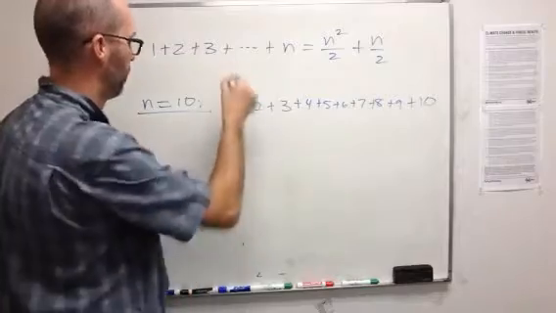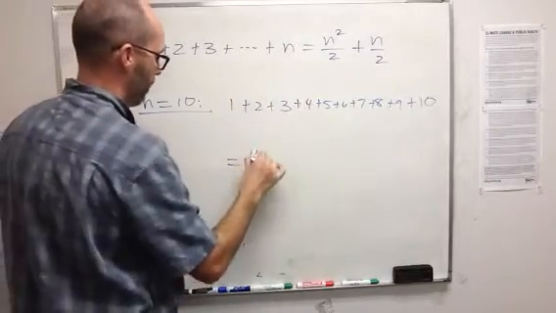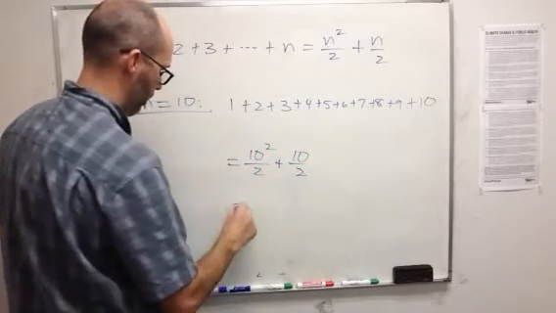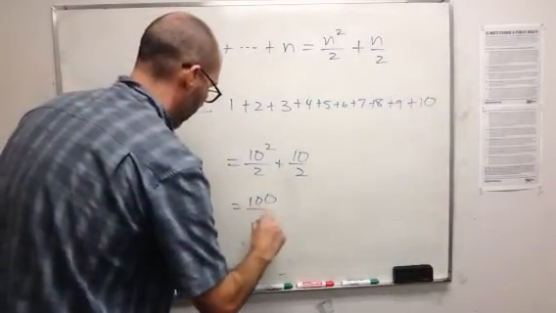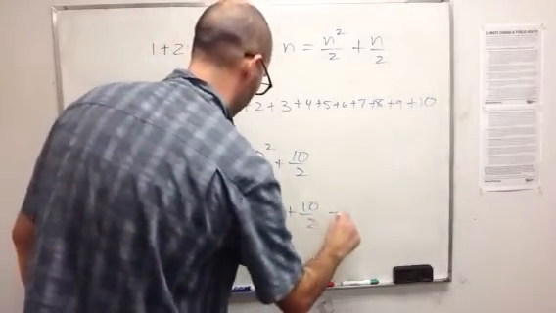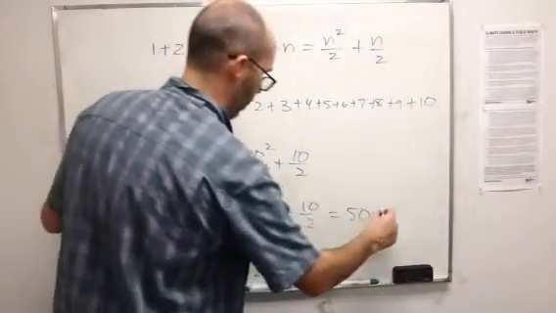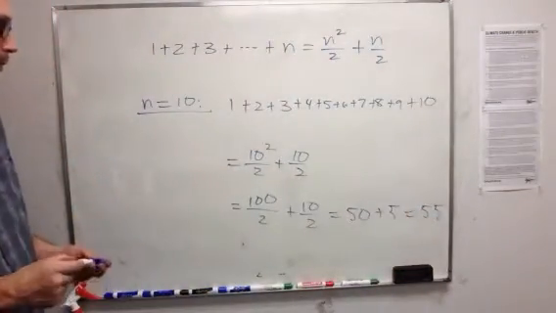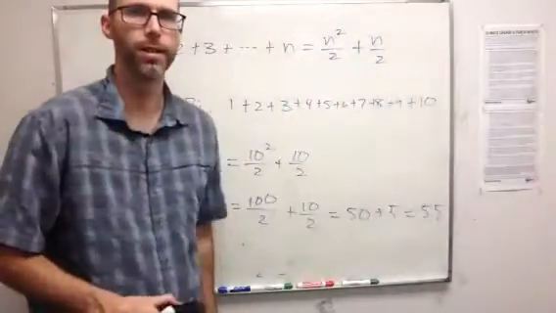You could, but this formula tells us that adding this up, since we added up to 10, is 10 squared over 2 plus 10 over 2. That's 100 over 2 plus 10 over 2. 100 over 2 is 50, and plus 5 is 55. So the formula just gives us a nice way to add all these guys up.